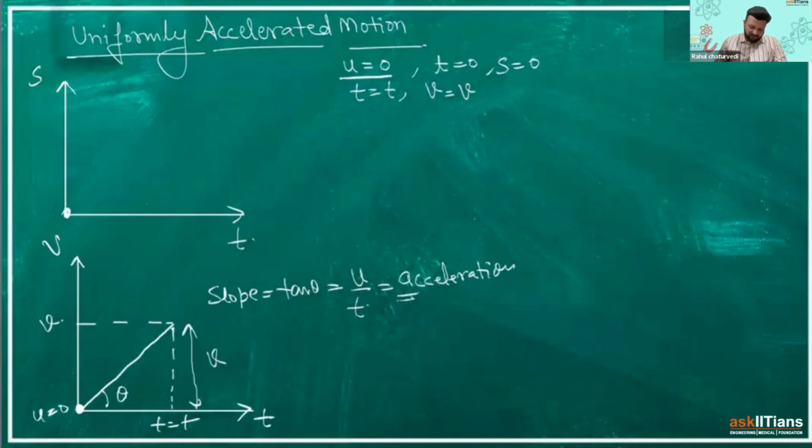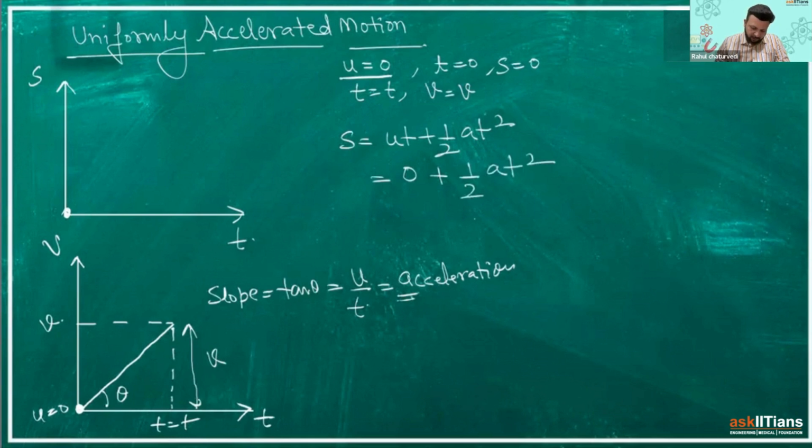Right? We have considered that velocity is increasing, not decreasing. Since velocity is increasing, for the ST graph, by considering the equation of motion, we can find S equal to ut plus half at square. Initial velocity is 0 and the acceleration is constant. Now we can say that the S-T graph will be parabolic.